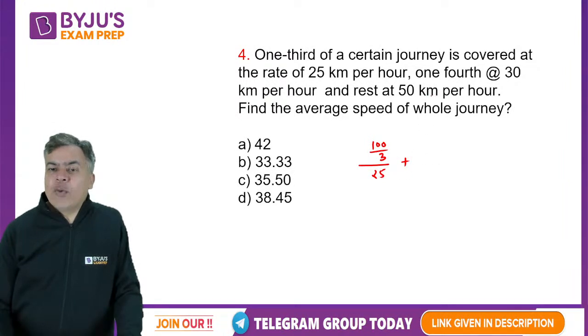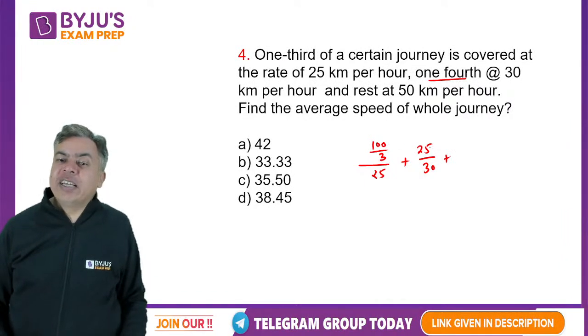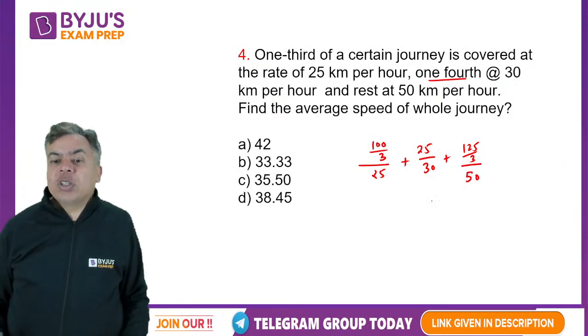The next, 1/4 will be 100 by 4, that is 25 at the rate 30. And the remaining, you need to calculate: 100 by 3 and 25, that is 75. 175 by 3 gone. So there will be 125 by 3 remaining distance at 50. So you need to see this fraction.